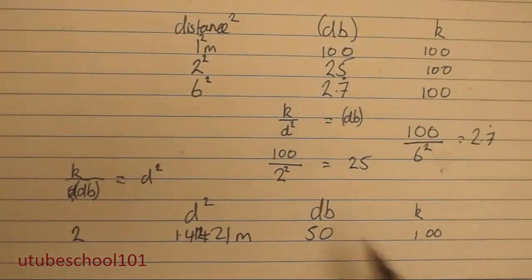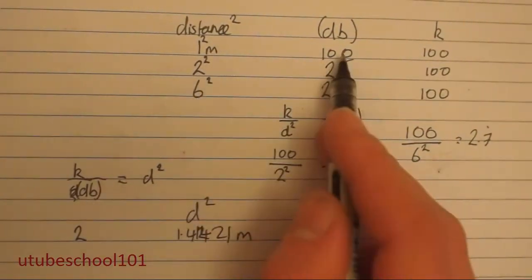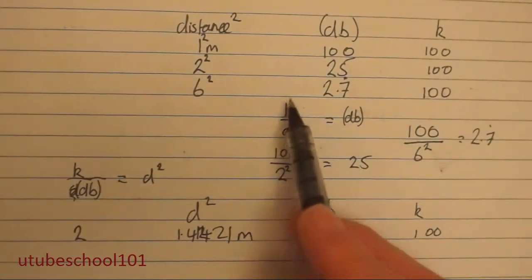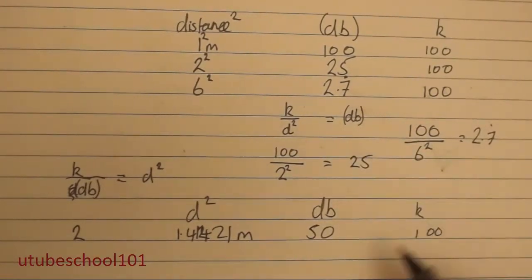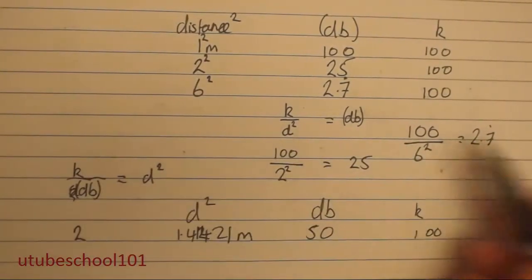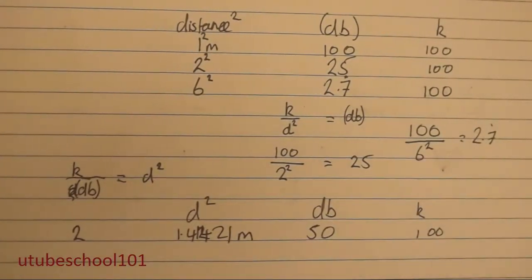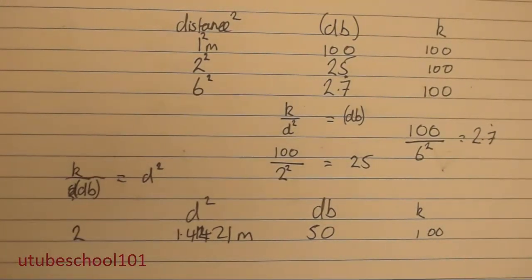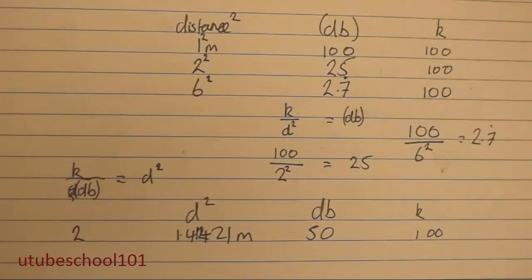I just want to check that you understand how I got here. You'll see from these examples that I worked out what the K was, and then I replaced the letters with actual values and rearranged the equations so that the letter I did not have was on its own. Because it's on its own, you can just use simple maths to work out the value.